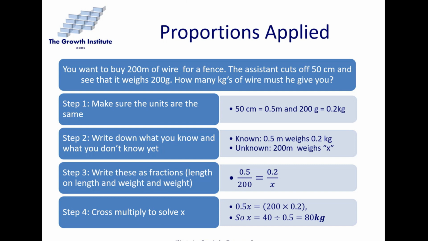So now we know that if we want 200 meters of wire, the guy can simply remove wire until he's got 80 kilogram of wire on the scale, and then he knows that you will have your 200 meters.